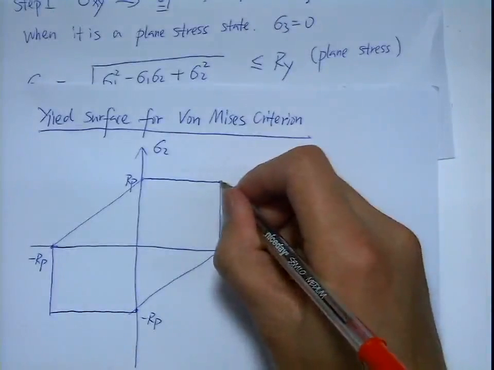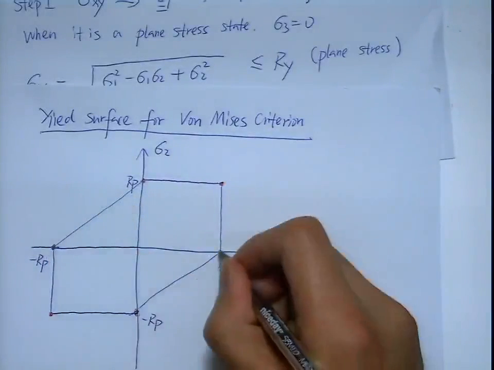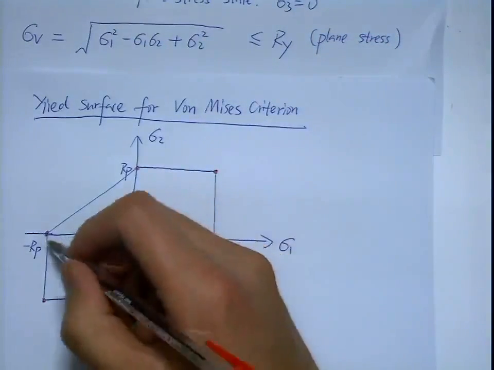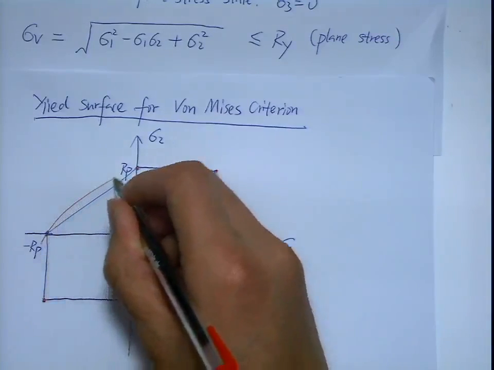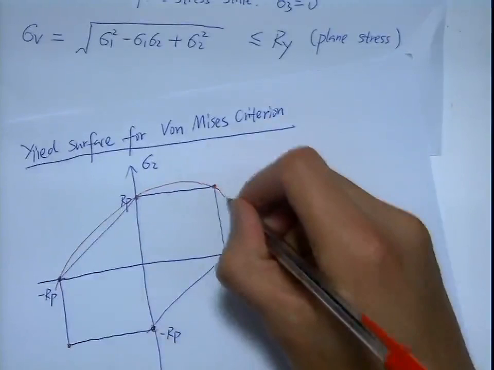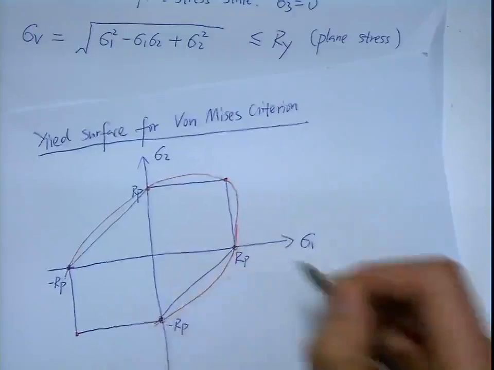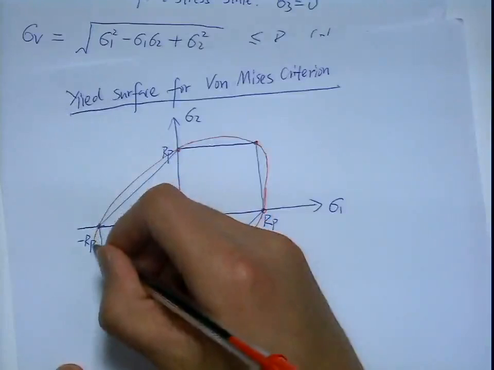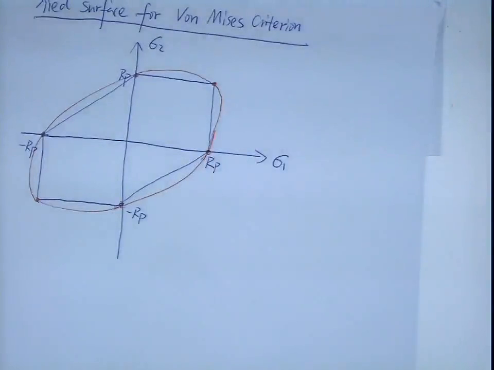Okay? Once you finish that, then the Von Mises criterion is simple. You have 6 identical points, which are equally represented by the Von Mises criterion. Now you just draw an ellipse just by hand. I don't need some special tool. Like a watermelon.